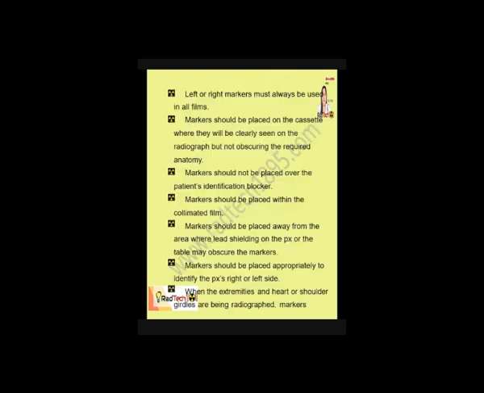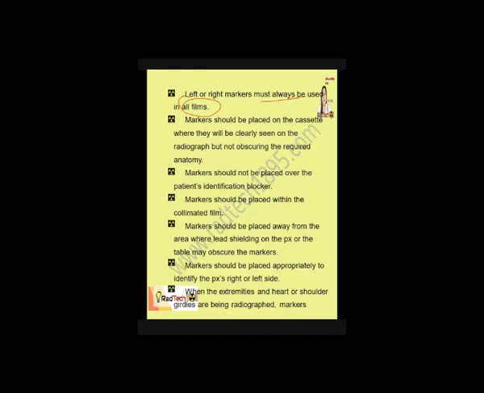So these are the general rules, okay? Left or right markers must always be used in all films. This is very important to ensure that the radiologist and the physicians who will be reading or viewing the radiograph will be able to know what part of the patient is facing them.